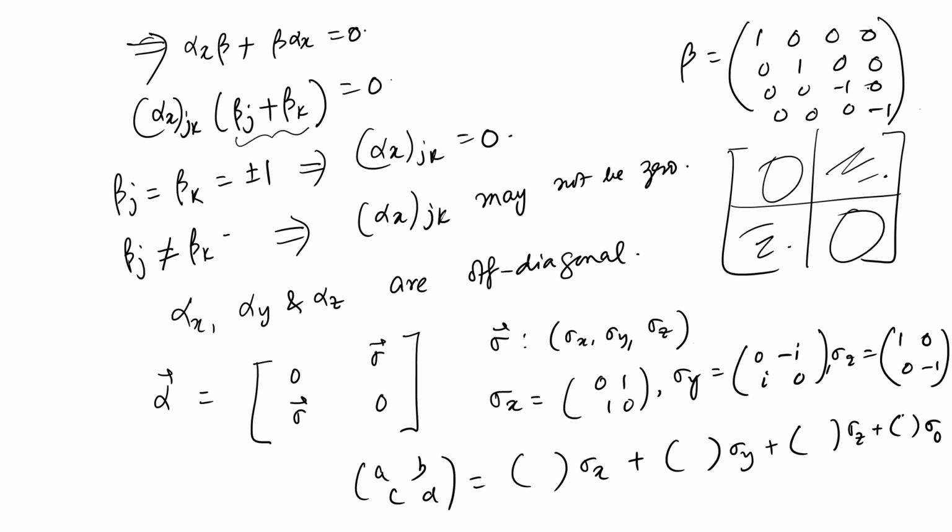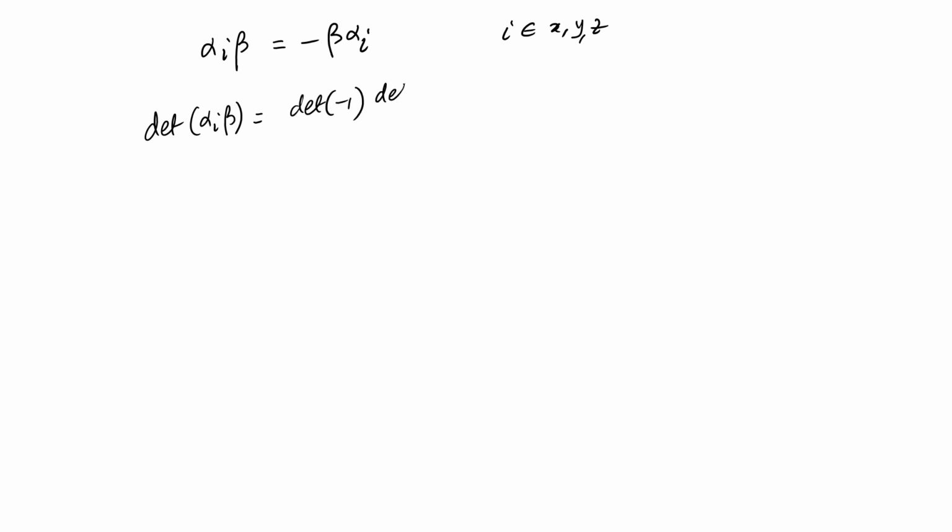Okay. So, let me give you another proof which is probably even more mathematically sound. We start with this anti-commutation relation, which is alpha_i beta equal to minus beta alpha_i, where i is x, y and z. So, if I take the determinant of both sides, determinant of alpha_i beta is equal to determinant of minus 1 and determinant of beta alpha_i.